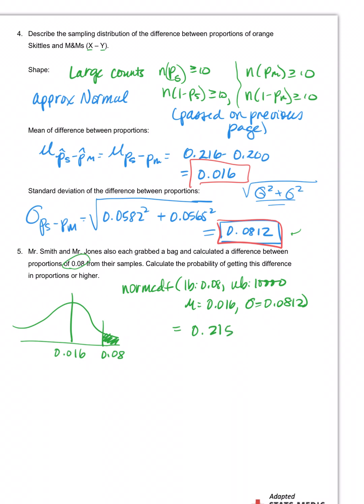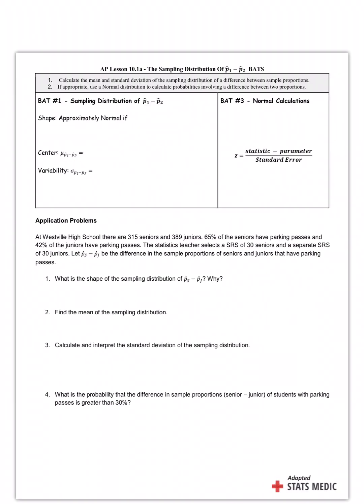Okay, so there's my probability of getting a sample difference of 8% or more. Not a big deal. That's the general status of how we do this. Now let's summarize. The sampling distribution of p-hat 1 minus p-hat 2 is approximately normal if large counts is satisfied.